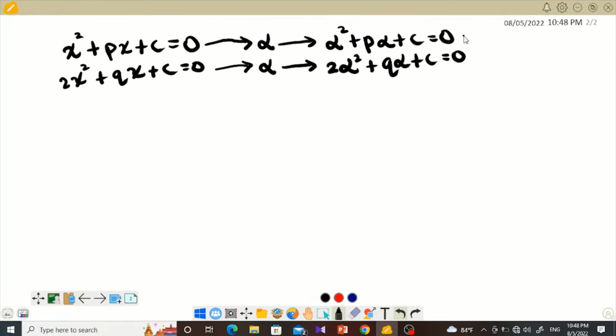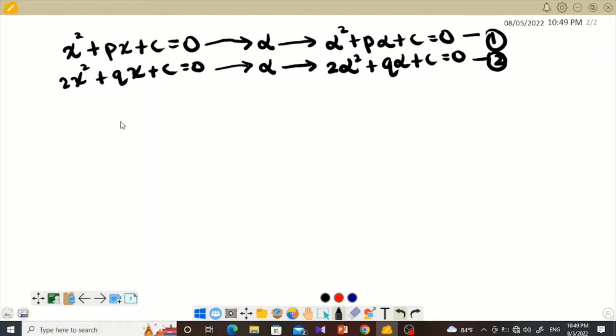I am taking this as my first equation and this as my second equation. As you can see, we have to show that alpha equals p minus q. There is no c term in our expression, so using these two equations, I am going to cut out the c term.